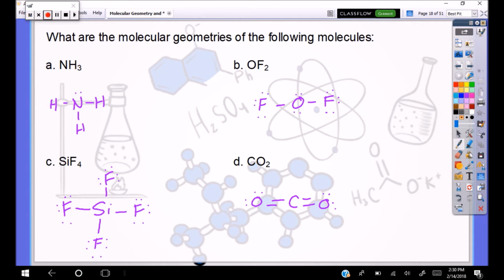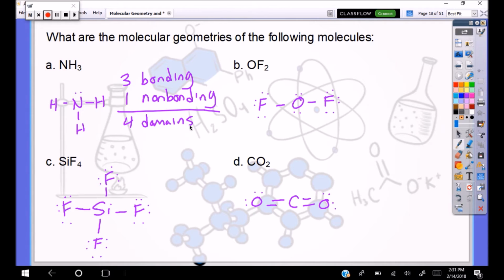You want to count up the number of bonding groups. So here I count 3 bonding. I've got the number of non-bonding groups on my central atom. I've got 1 lone pair, or 1 non-bonding. In total, that gives me 4 domains, 4 electron groups.